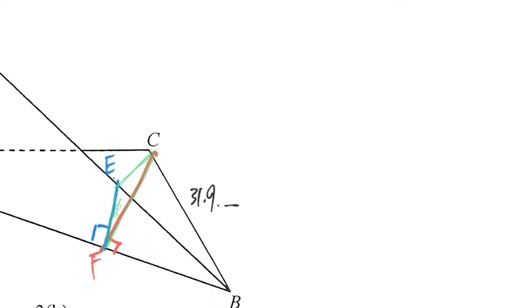What we need is the distance between E and C. But don't forget what was found in part B1: we got angle ABC already. Angle ABC is 38.0 degrees. So we draw the 2D diagram.